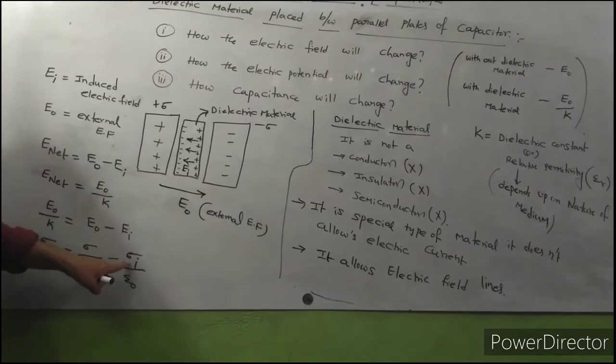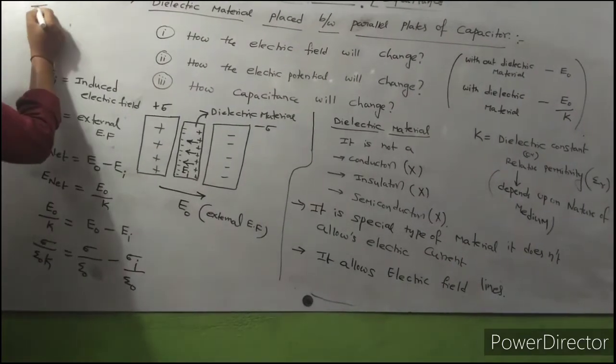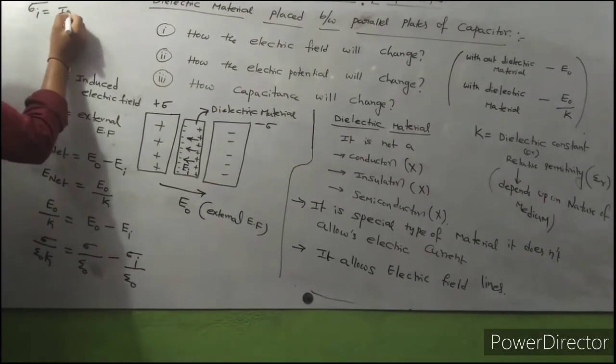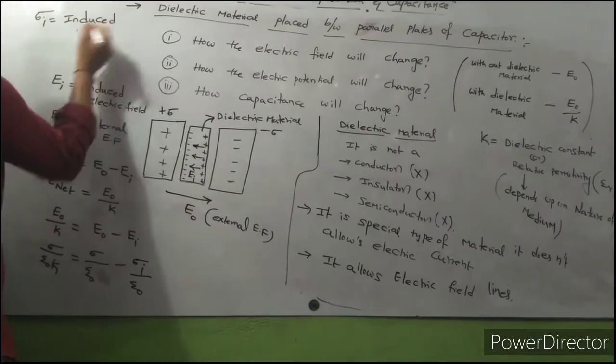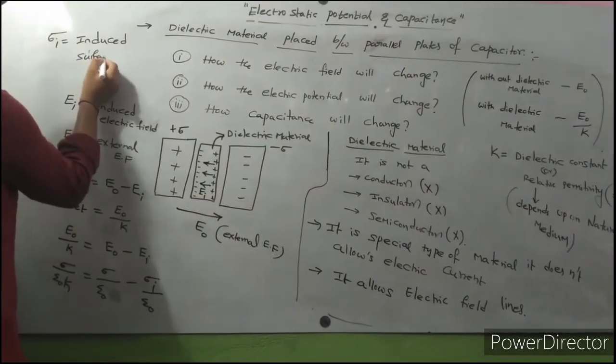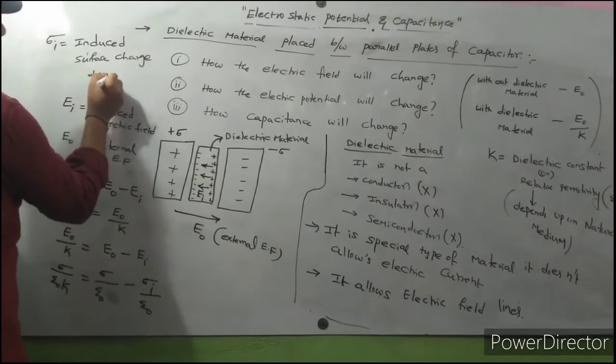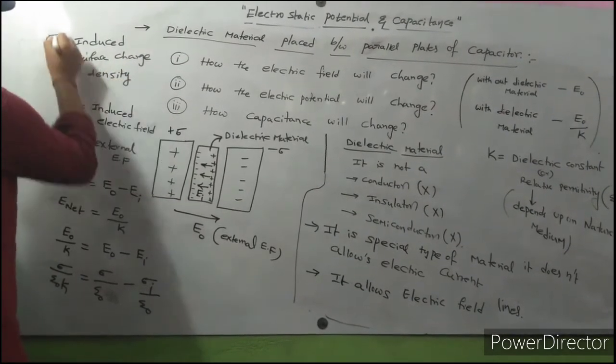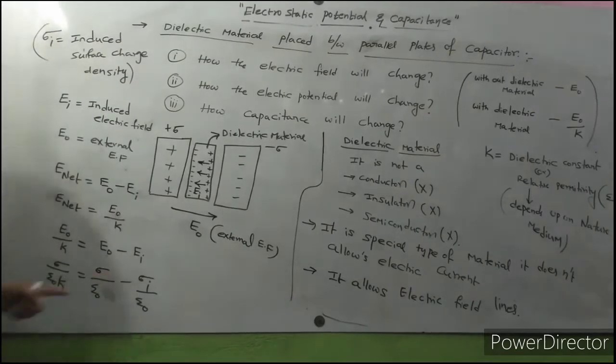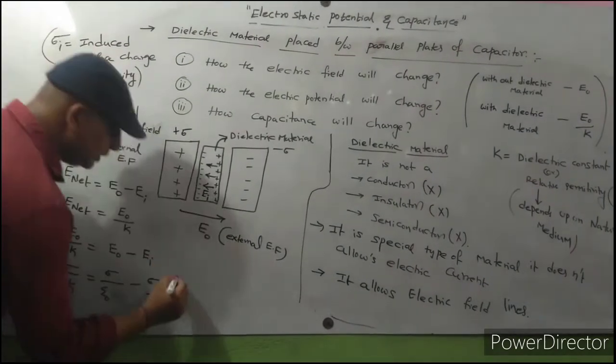Here sigma I means induced surface charge density. And from this, epsilon naught is going to be cancelled.